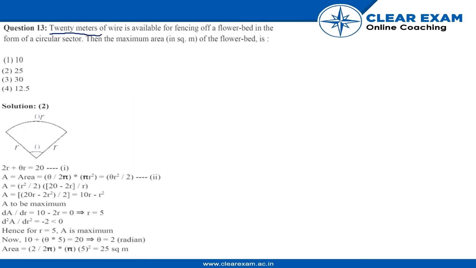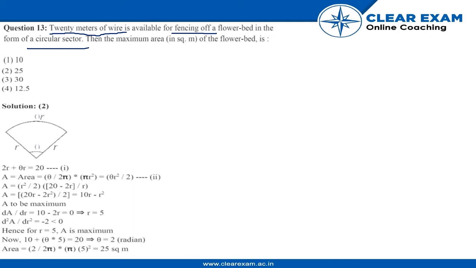The first thing we can see is that 20 meters of wire is given to us for fencing of a circular sector. That means you are given the perimeter of the circular sector, and they have already given us that it is 20 meters.